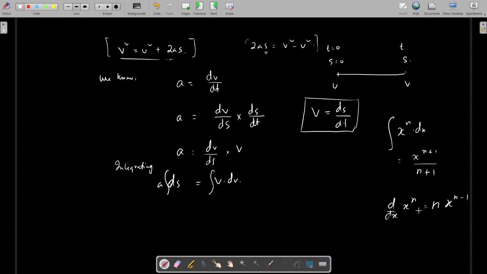So if you just see it like this, from this formula only I'm going to put it like this. Okay, leave this part.